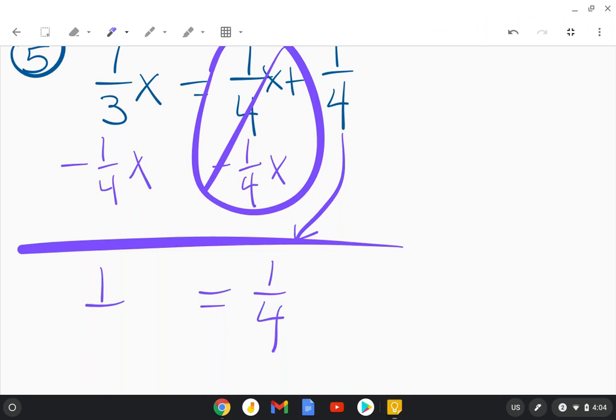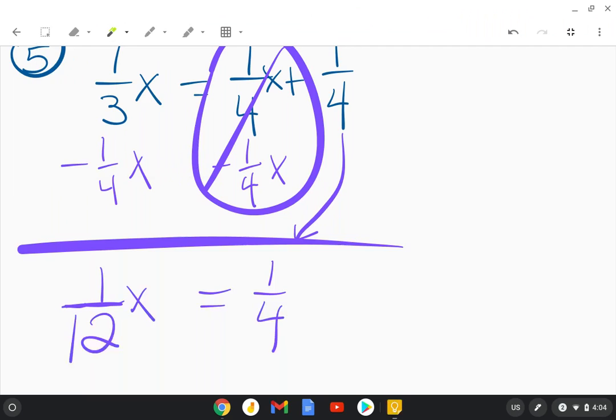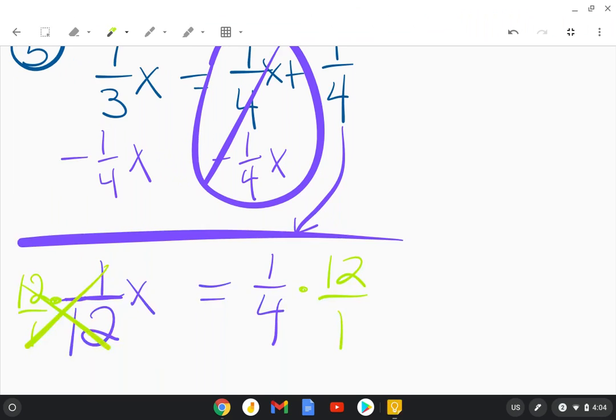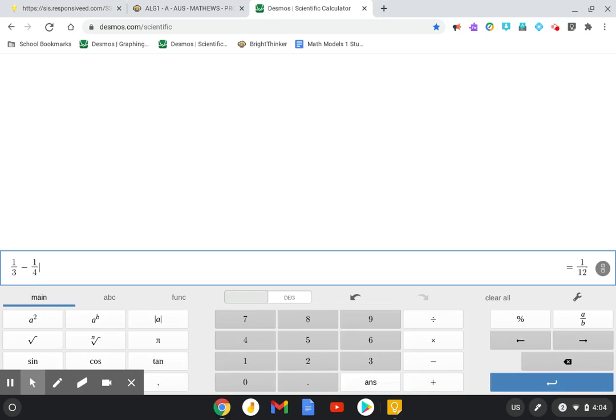So this is 1/12 times x equals 1/4. We have a reciprocal problem once again. We're going to multiply this times 12 over 1. Multiply this times 12 over 1. Those are going to cancel, leaving me with x equals, and you should be able to see right here this is going to cancel, but you can just do it in your calculator if you want.